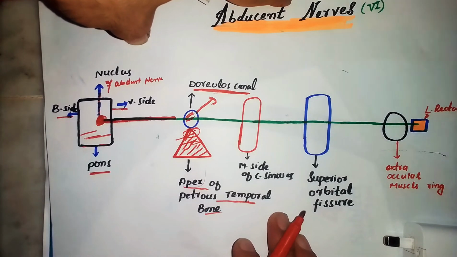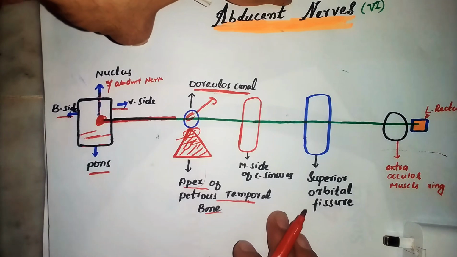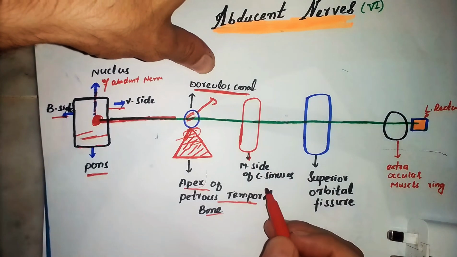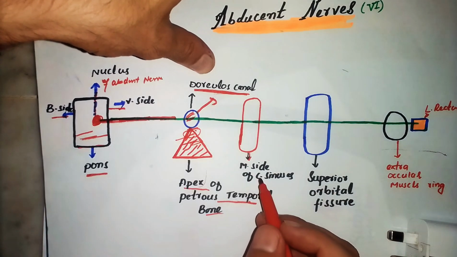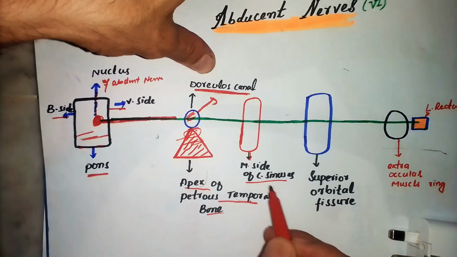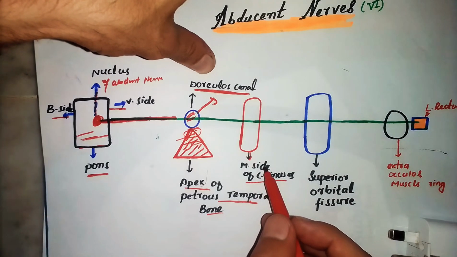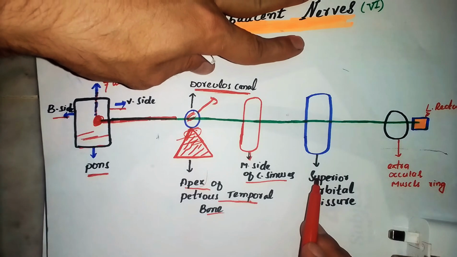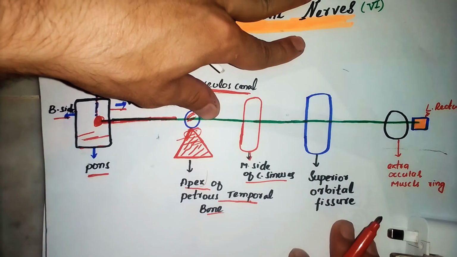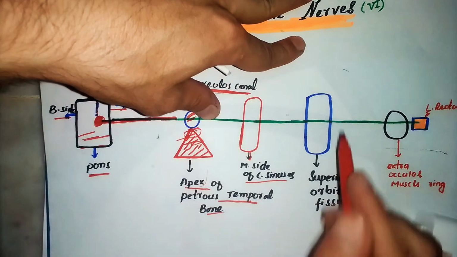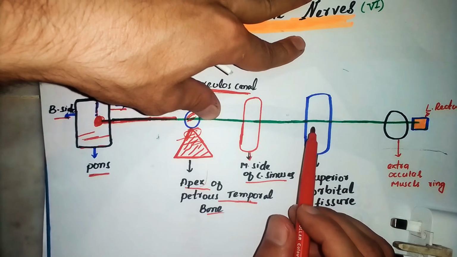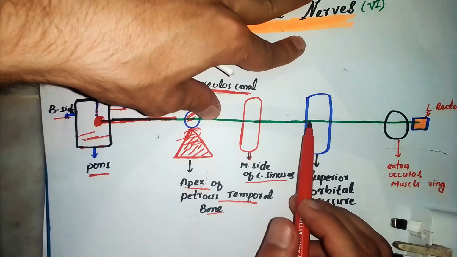and move running forward. Okay, when they move forward, they cross the cavernous sinus. This is the cavernous sinus. They cross the cavernous sinus on its medial side, not on the lateral side, and move toward the superior orbital fissure, and cross the superior orbital fissure through its middle, on its half side.